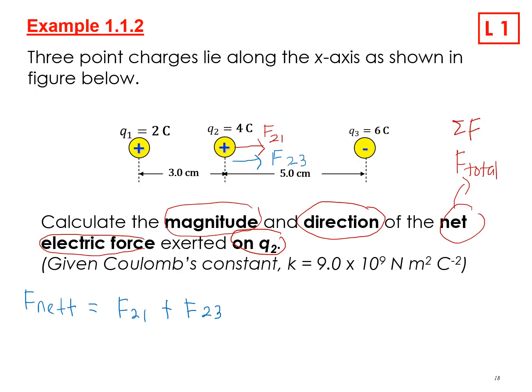Since both move towards Q3, or in other words, move to the right, both F21 and F23 are positive.